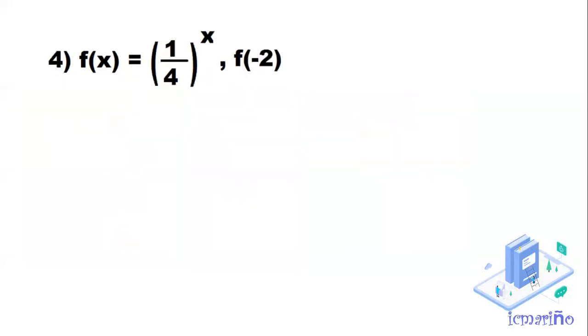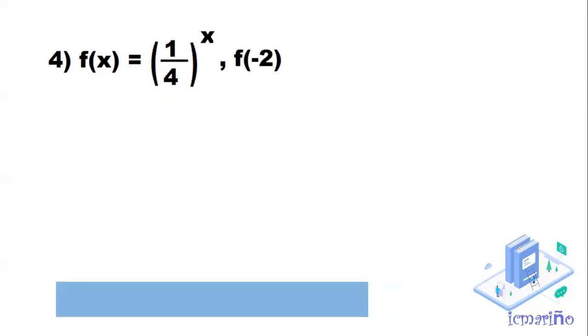Next, f of x equals 1 over 4 raised to x, f of negative 2. 10 seconds. Again, if you need more time, you can pause so that you can get the right answer. Okay, so let us see.